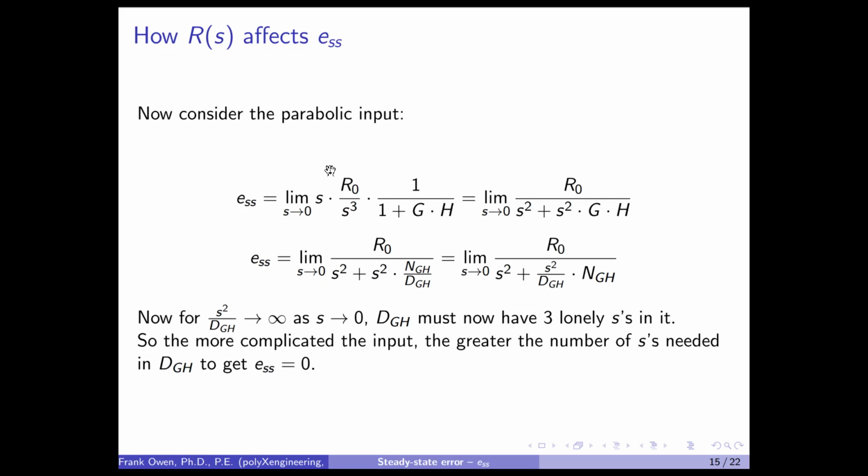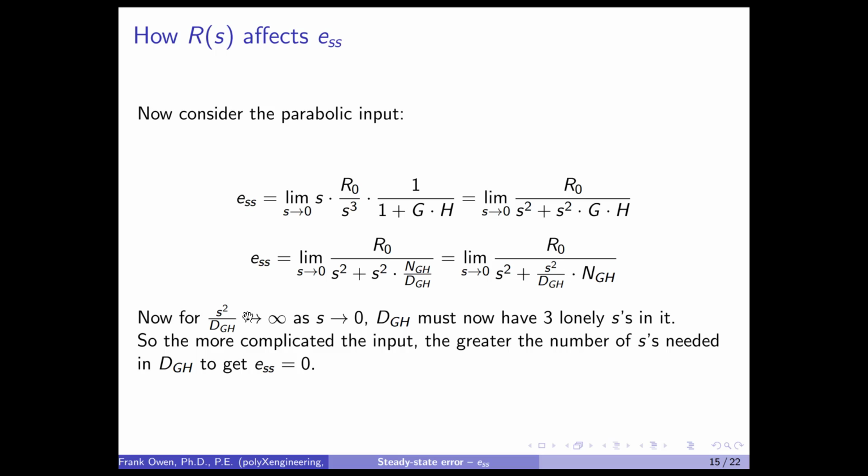Parabolic input is very much the same. I replaced the R0 over s, or R0 over s squared for the ramp, with R0 over s cubed, which is for the parabola. And we wind up really in the same position that we had before.